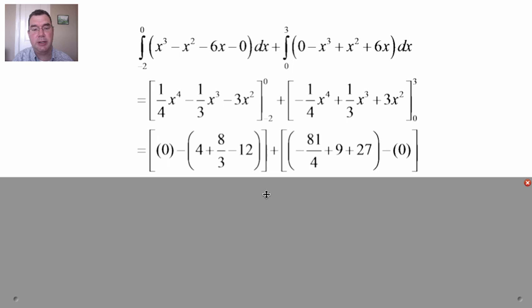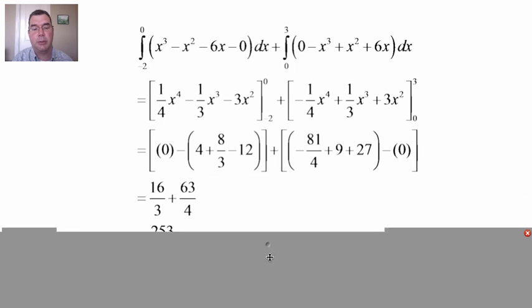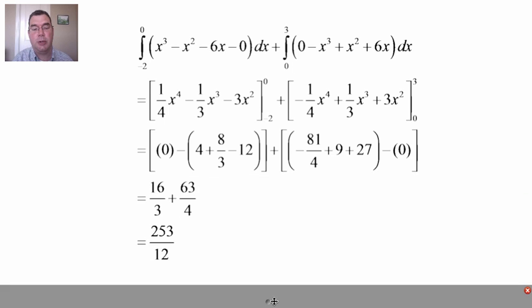Plugging in 0 into this gives me 0. Plugging in -2 gives me all of this. Plugging in 3 into this antiderivative gives me this, and plugging in 0 gives me 0. So it's just a matter of adding a bunch of fractions and numbers, and that gets me 253 over 12.